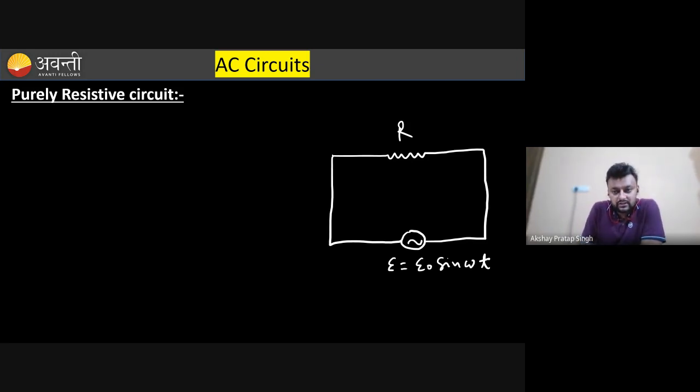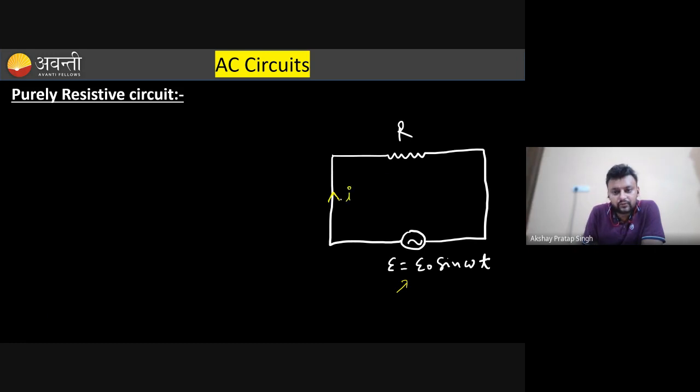Suppose, first of all, this is the AC source connected, and in this AC source there is a resistor connected. Some current will flow through the circuit.